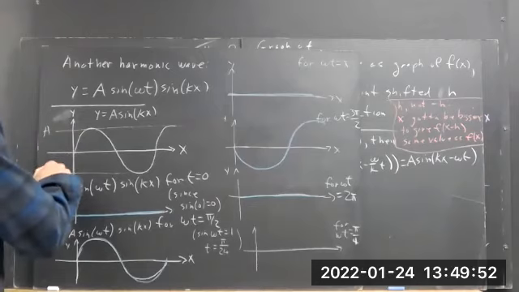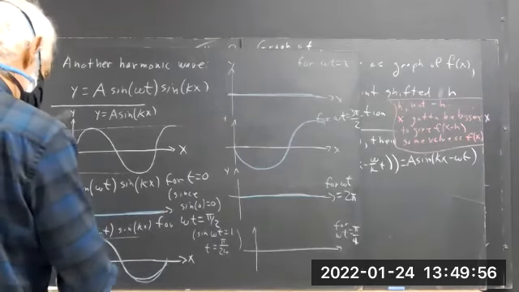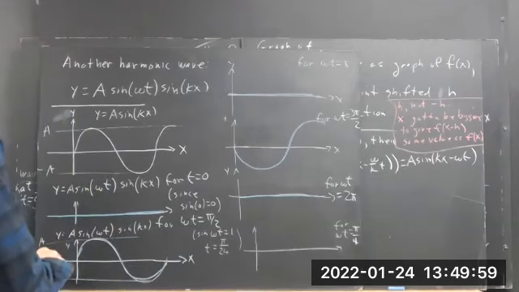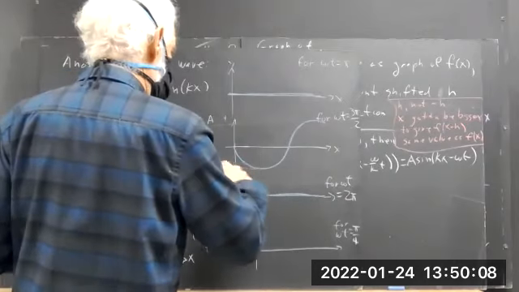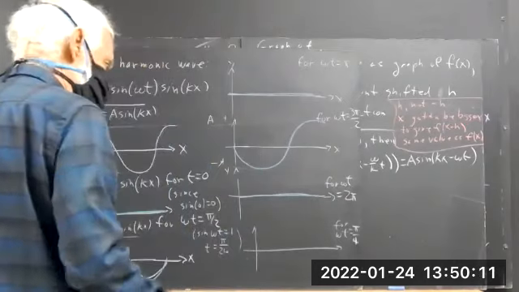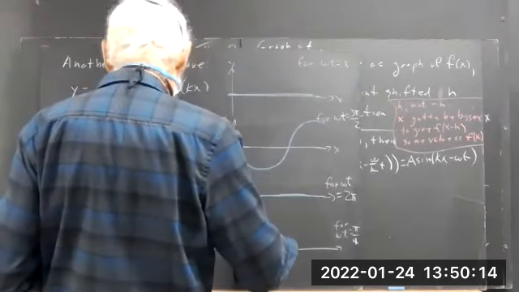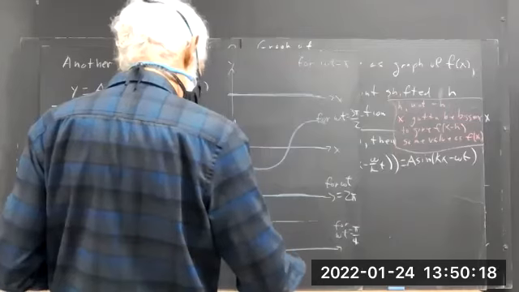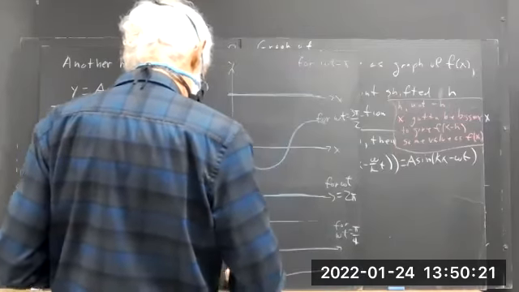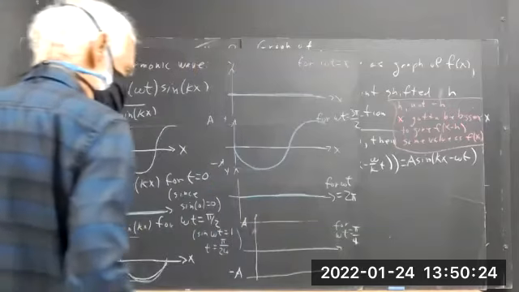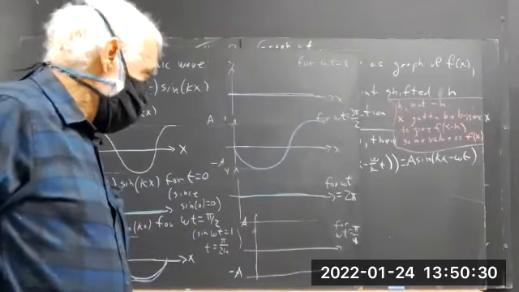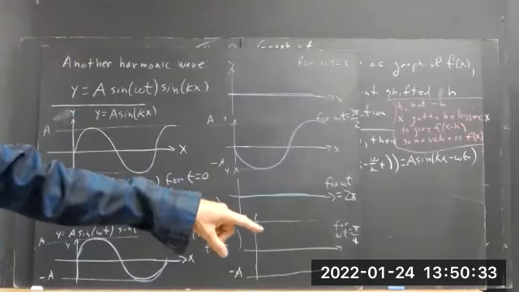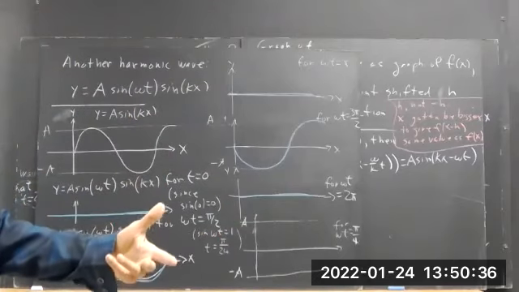Here's A, here's negative A. Now here, I have A and negative A. But your graph isn't going to come all the way up there, all the way down to negative A, because the sine of omega t would be the sine of pi over 4, which is square root of 2 over 2, which is about 0.7.